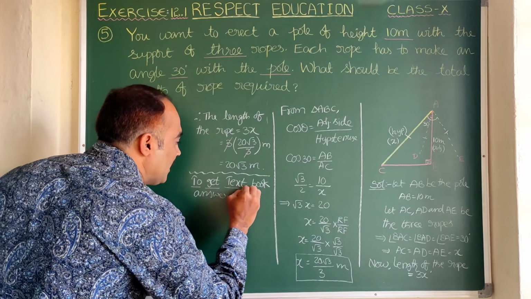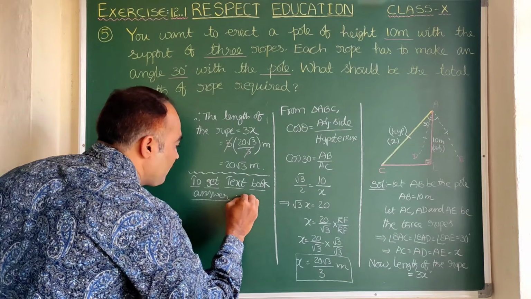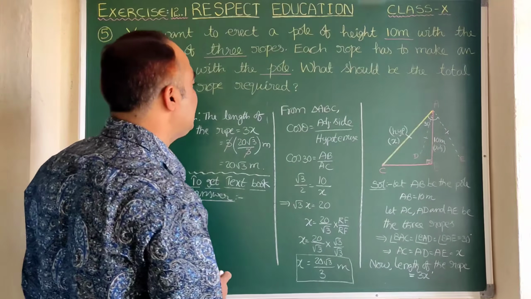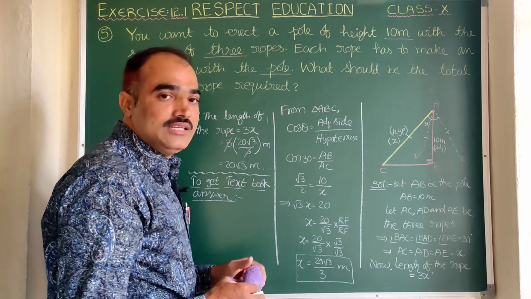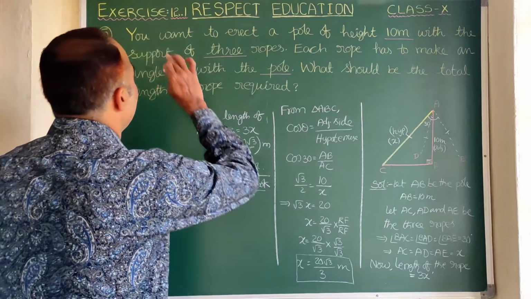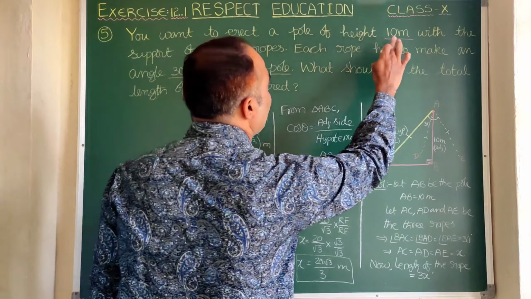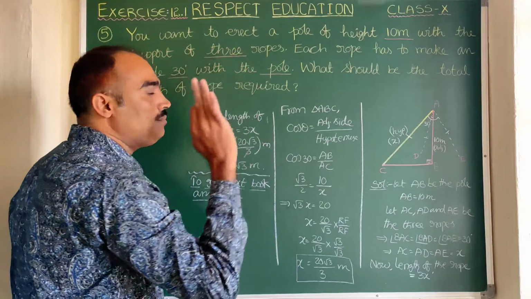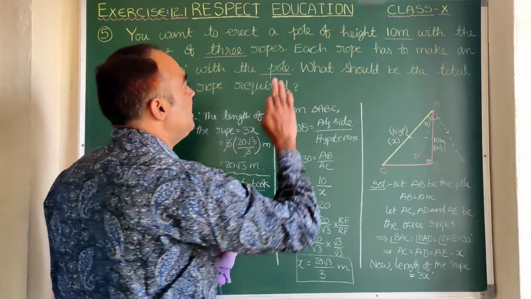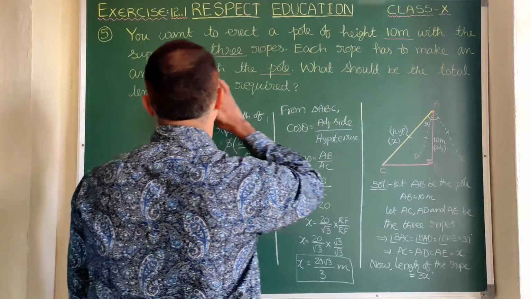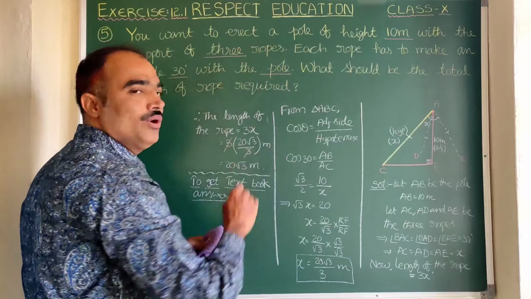Let us read the question once again. You want to erect a pole of height 10 meter with the support of 3 ropes. There is no mistake. Each rope has to make an angle 30 degrees with the pole.